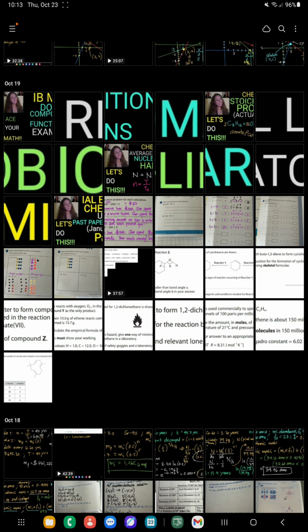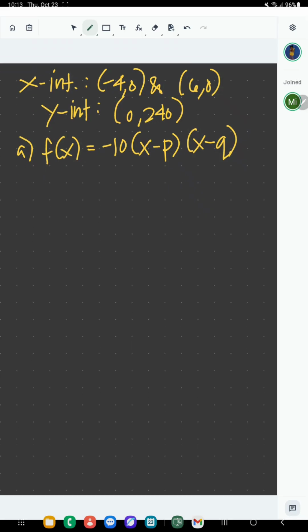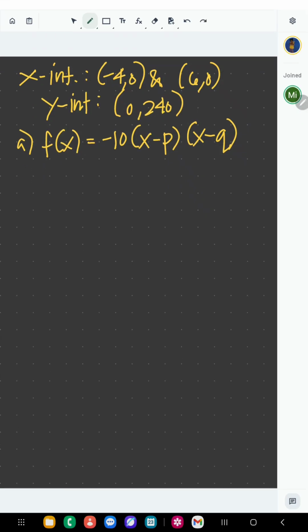What's this? This is not slope intercept form. I know slope intercept form. Oh, f of x, I meant, is not slope intercept. It's intercept form or factored form.